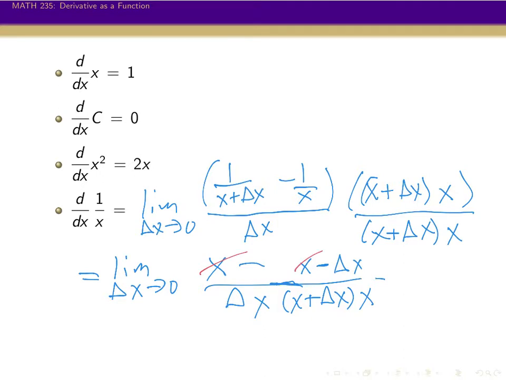And so I'm left with the limit as delta x goes to 0 of delta x on top, and then delta x times x plus delta x times x on the bottom. And this should be a minus sign up on top. That's important. I don't want to forget that. The delta x's cancel, leaving me a minus 1 on top.